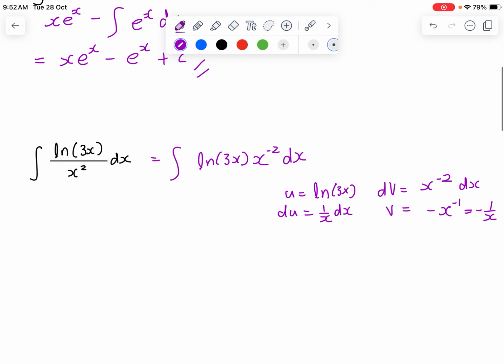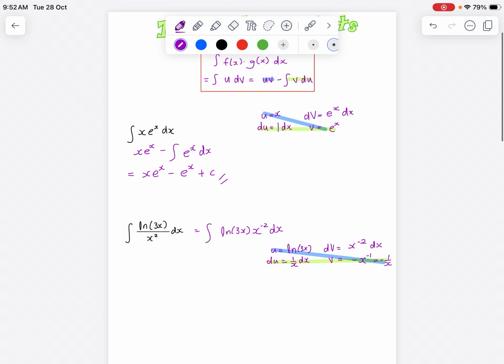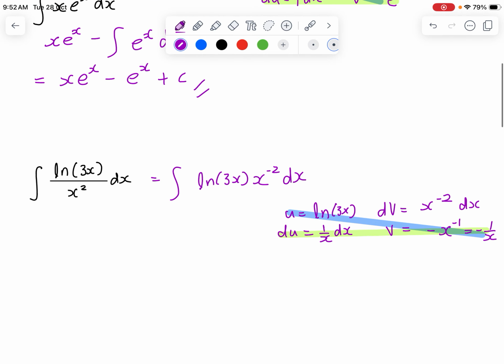So now that we have that, again, we want to use our formula. Let me just highlight this so it's easier. So we have u times v, so we have ln of 3x times negative 1 over x. And once you get used to it, you'll be able to make it look much nicer rather than just writing it up like that.